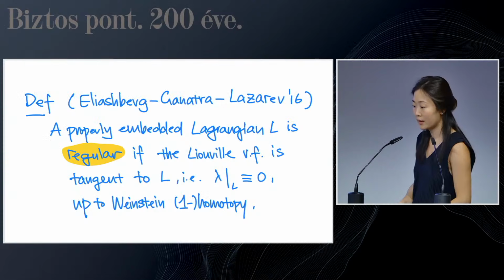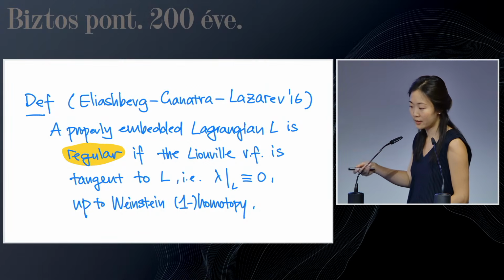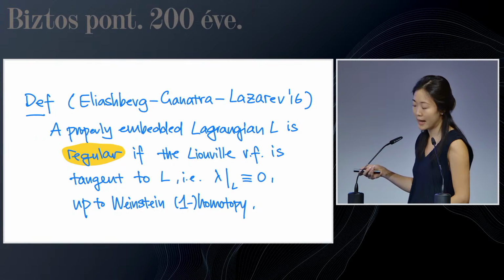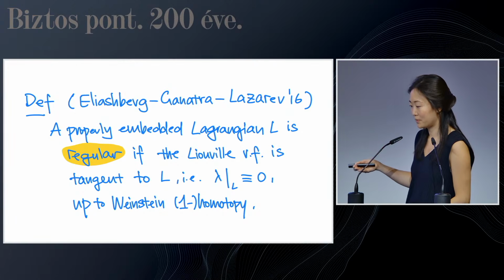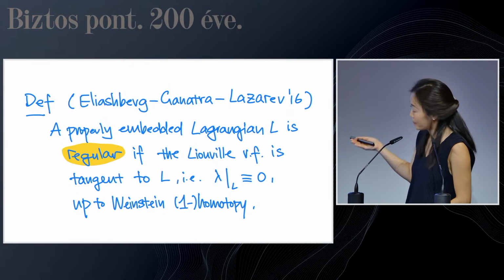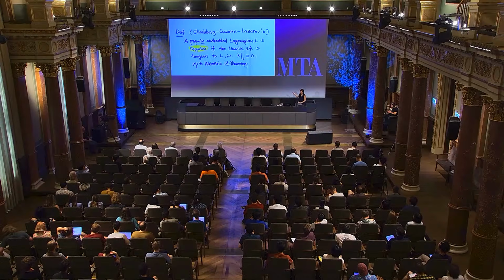Everything we do here is up to Weinstein 1-homotopy. The 1 here signifies that the Morse function associated to the Weinstein homotopy is allowed to have birth-death singularities. This is really the notion of homotopy Cieliebak and Eliashberg already considered, but I wanted to emphasize the allowance for birth-death singularities.